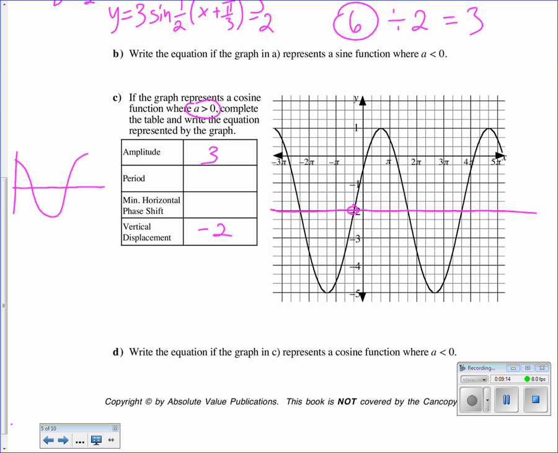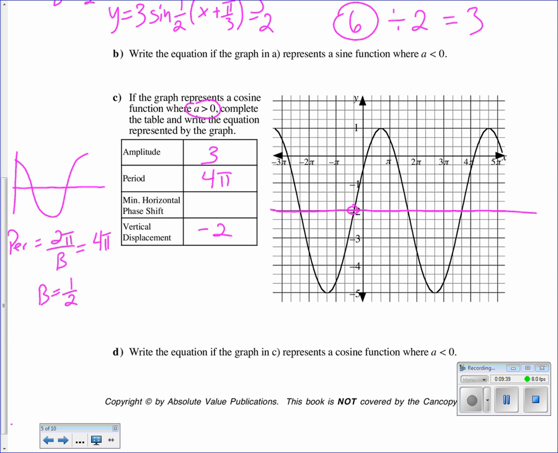So my period is 4 pi, like it was above, which means my b value is going to be the same. Period is created by 2 pi divided by b, and that's equal to 4 pi. So b has to be a half in this case. 2 pi divided by half will generate 4 pi. And minimum horizontal shift.